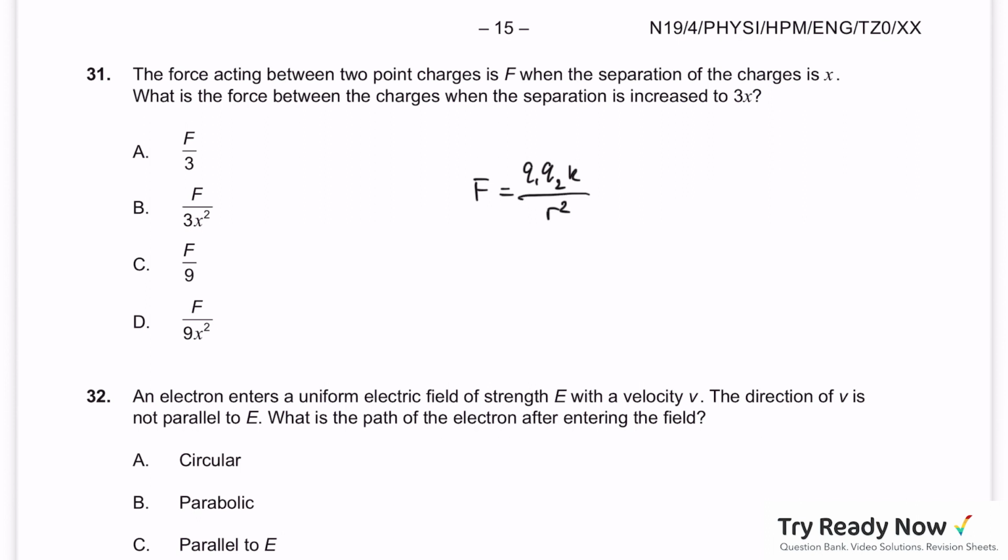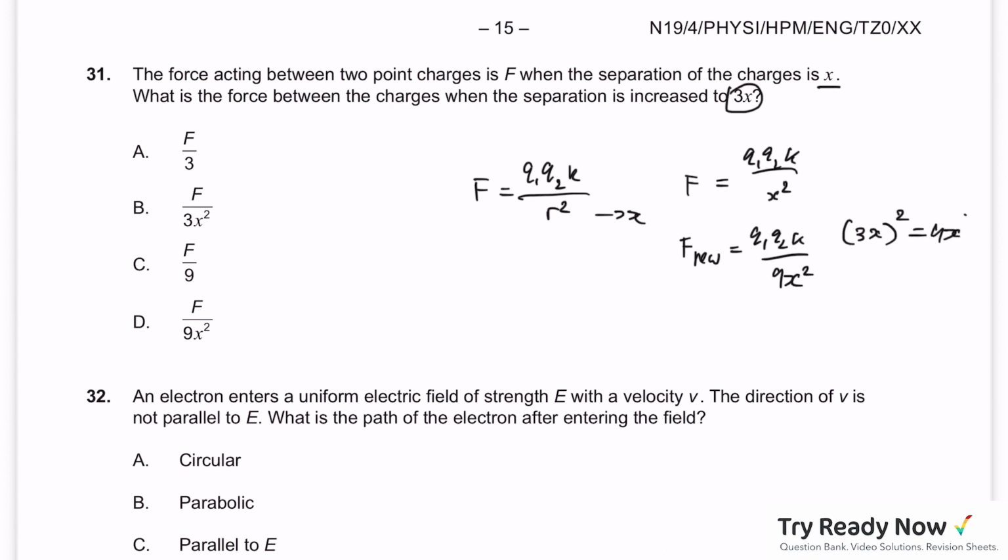So initially we have a force of F, and we have R as X. So we'll just have it like this. And now this is increased to 3x, so we have force new, and this becomes 9x squared because we have to square the entire term, including the 3, which gets us 9x squared.